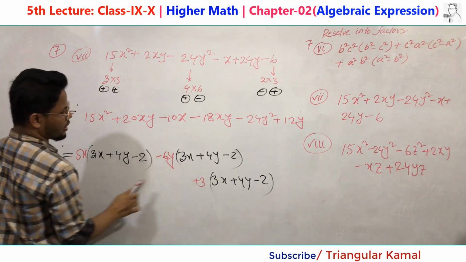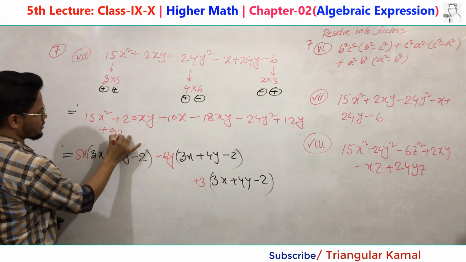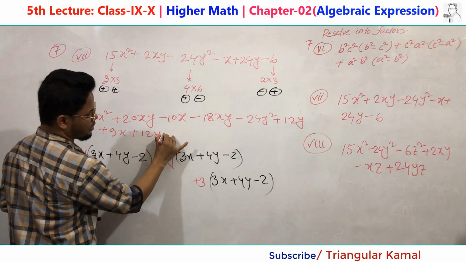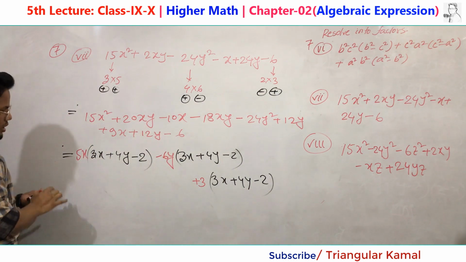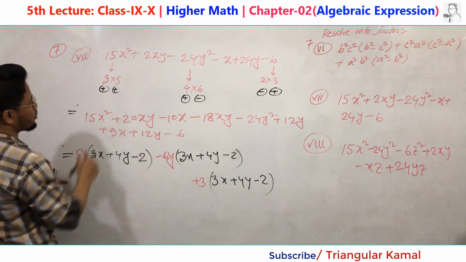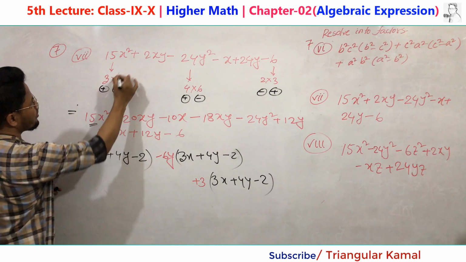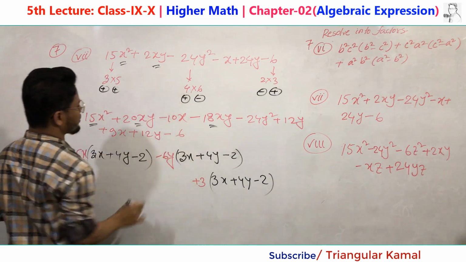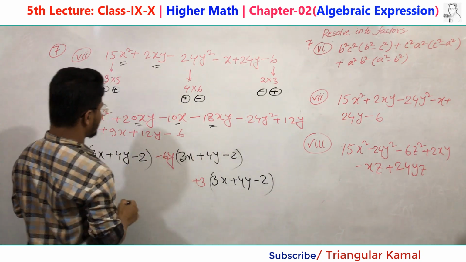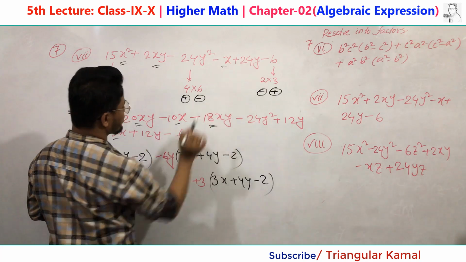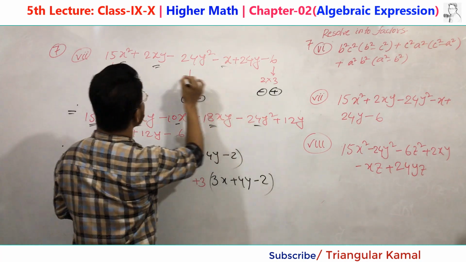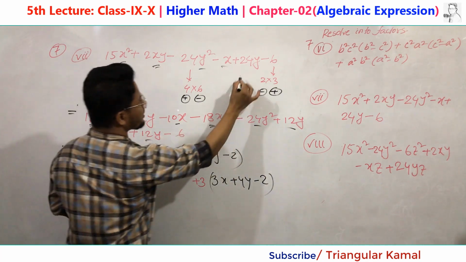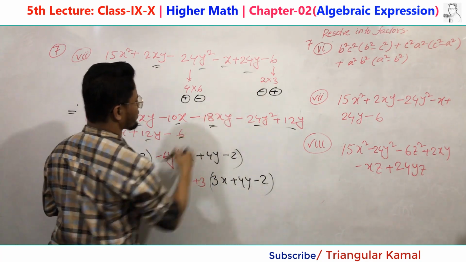And now to multiply here: 9x plus 12y minus 6. Now just review your second line and connect with the first line. This is 15x square, 15x square, 20xy minus 18xy, there will be twice xy, minus 10x plus 9x, there will be minus 1x, 24y square, 24y square, twice y, 12y and 12y equal 24y, and minus 6.